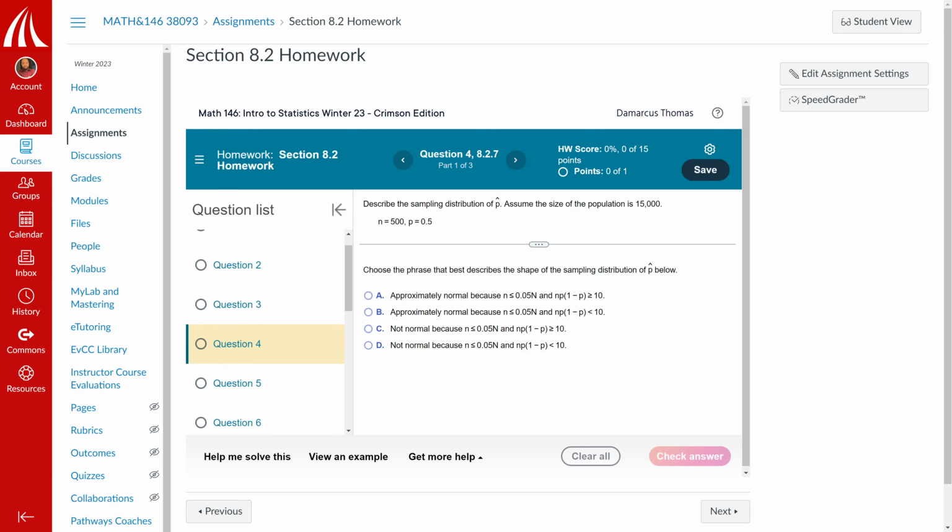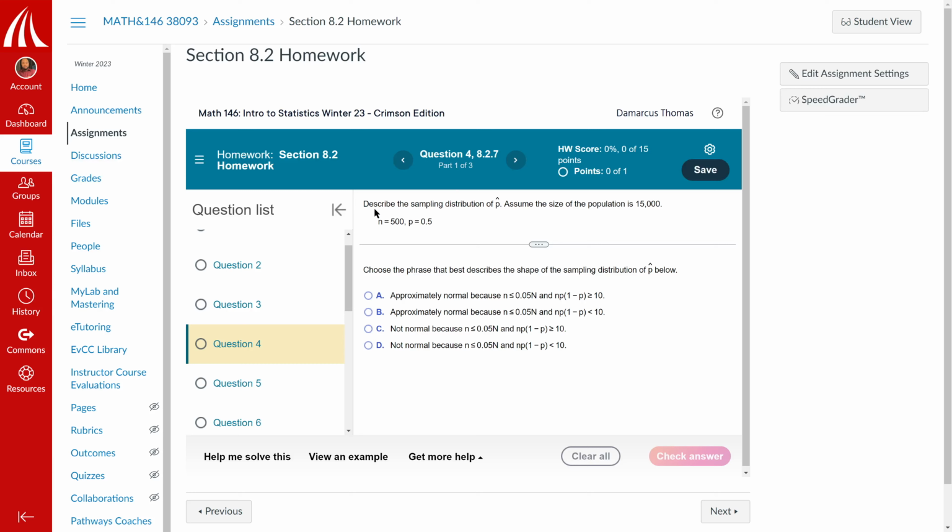There's a lot of things that aren't explained in this section, and when you're trying to understand and process it, there's a lot of information that needs to be filled in to help you better understand what a sampling distribution is.